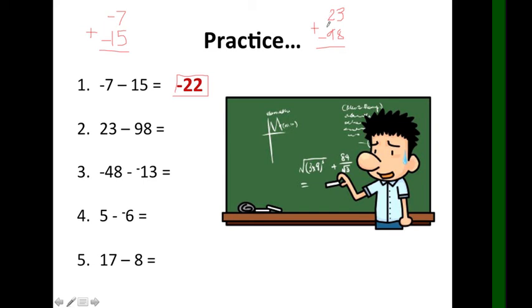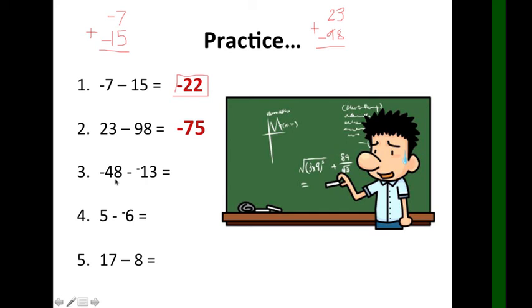So, they don't have the same sign now, and it is addition. In rule number 2 of the addition, if they don't have the same sign, subtract the numbers and copy the sign of the bigger number. That is why the answer is negative 75, because 98 minus 23 is 75, and 98 is bigger than 23 and has a negative sign, so we copy the sign of the bigger number.